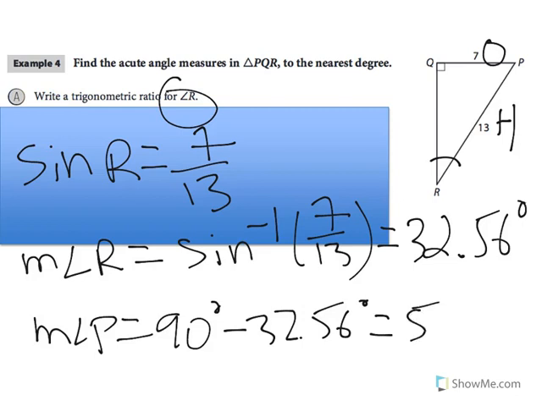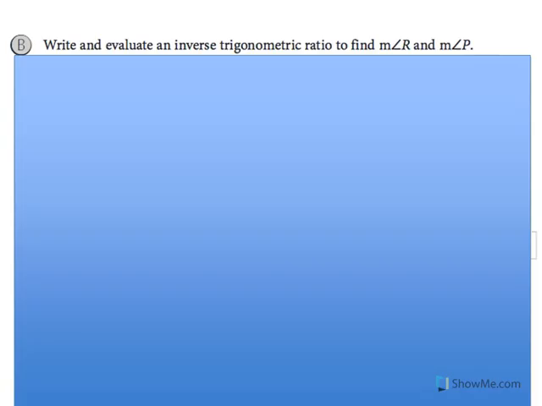So it would be 57.44 degrees. Right? Okay, so this takes care of our question B as well. So write and evaluate the inverse trigonometric ratio to find the measurement of angle R and angle P.